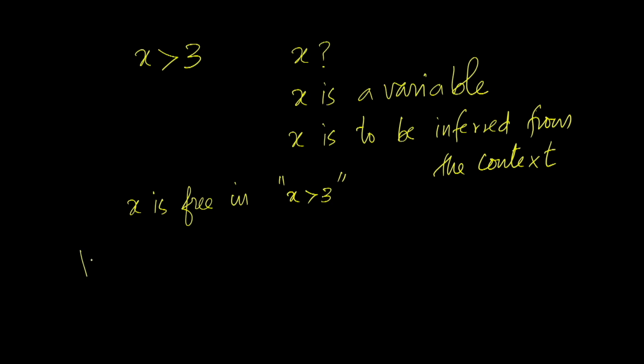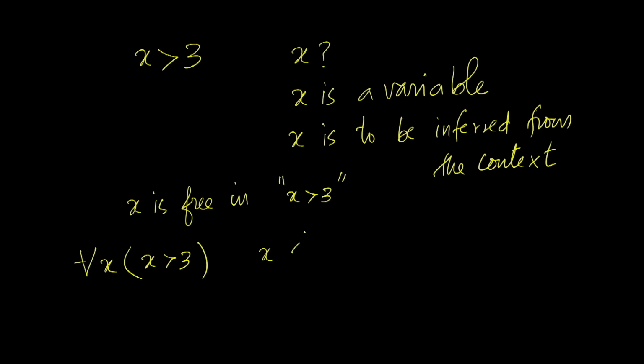As opposed to this, when we say for all x, x greater than 3, of course the statement would be false if we are talking about natural numbers, but never mind, we are not talking about the truth value of the statement. Look at the form of the statement. In this statement, x has a bound occurrence.